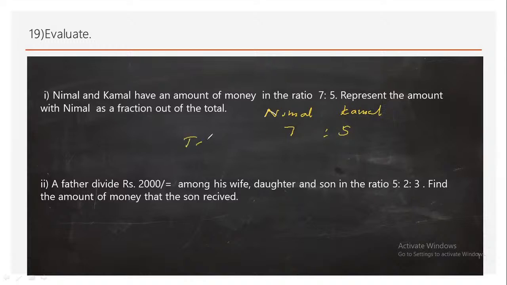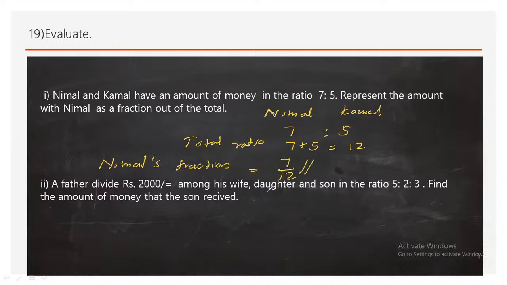Total ratio, 7 plus 5, that is 12. Nimal's fraction. From the total ratio, Nimal has 7 parts. 7 over 12.